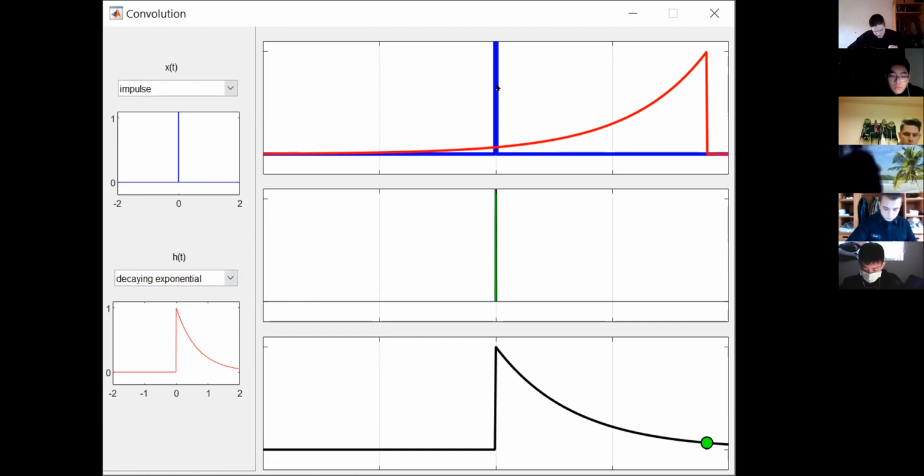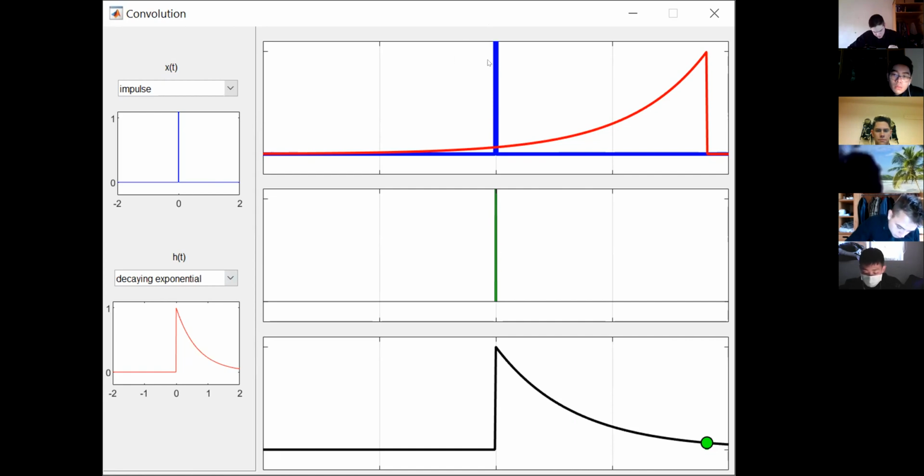So if you multiply an impulse that's infinitely high, you'll still get an impulse that's infinitely high. But this had an area of 1. The blue had an area of 1. But now we're multiplying it by this number right here in red, which looks to me like it has a value of maybe about 0.1. So therefore, this area will be still an infinitely tall impulse, but with an area of 0.1.